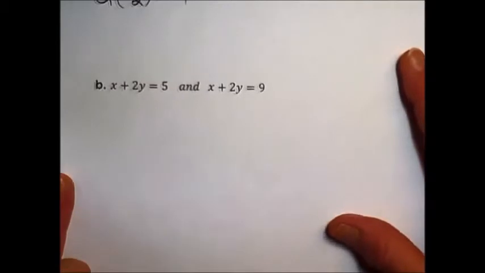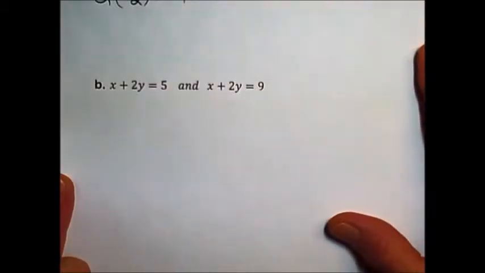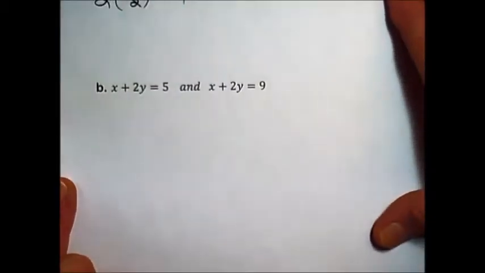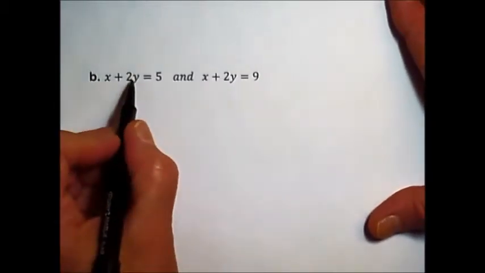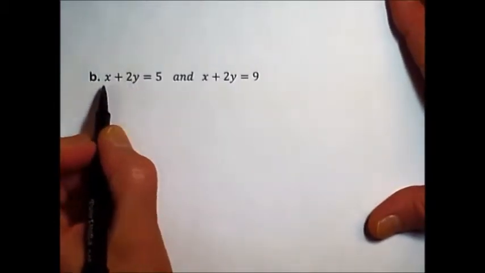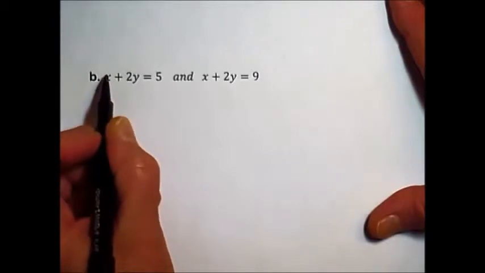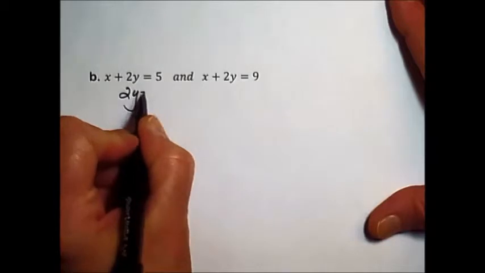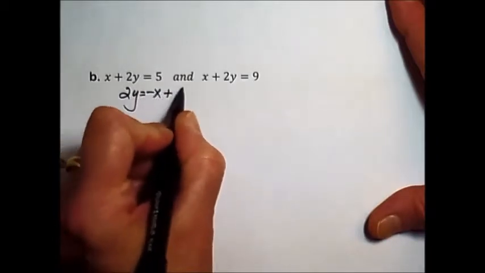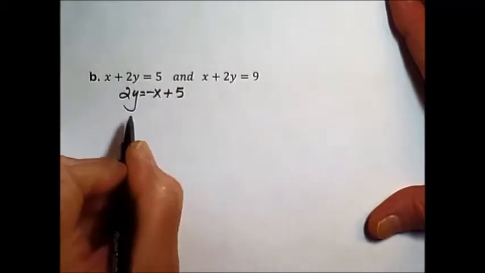In this next example, they're asking us the same thing. Are these parallel, perpendicular, or neither? To answer that, we need to compare the slopes. The easy way is to solve for y, so taking the x to the other side, or subtract x from each side, and bumping the 5 down gives us the following.